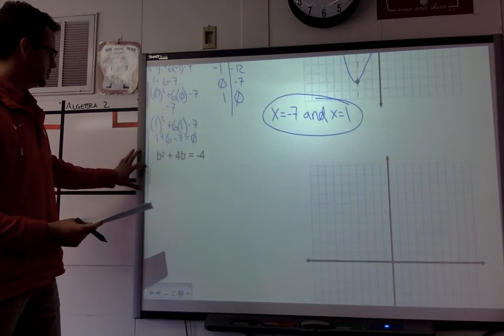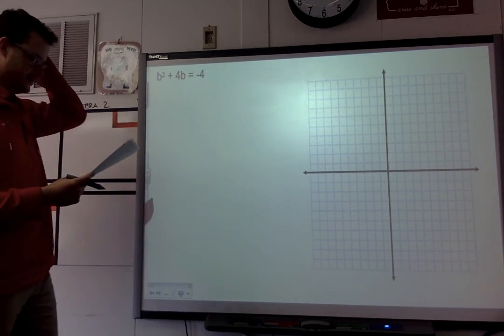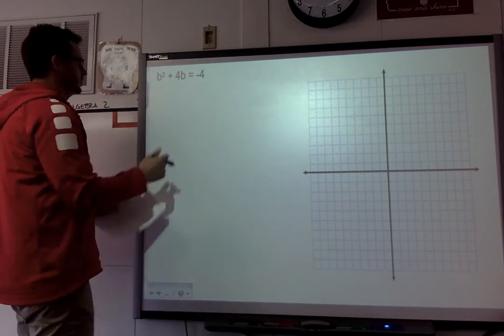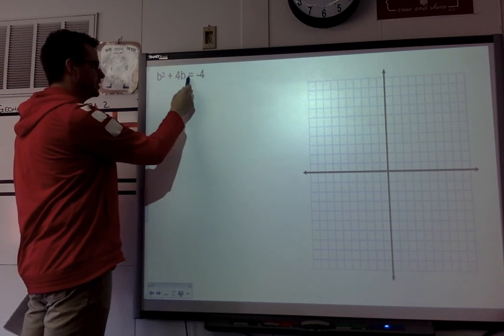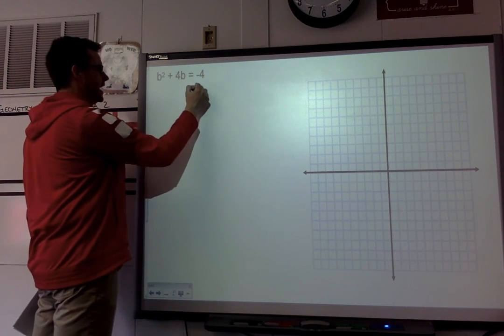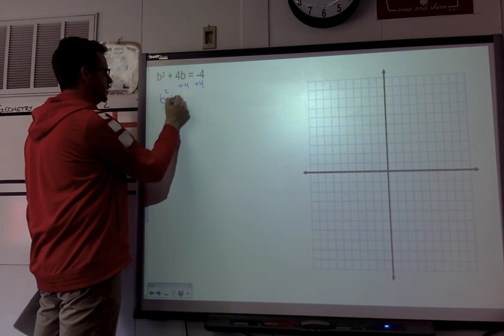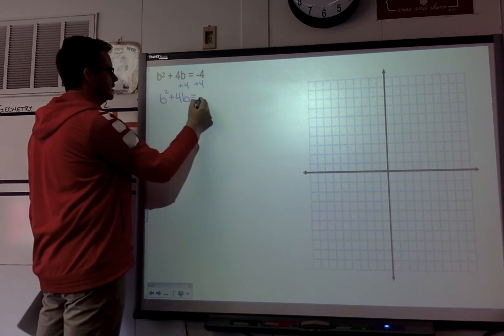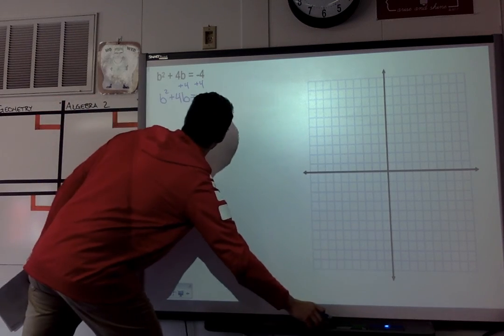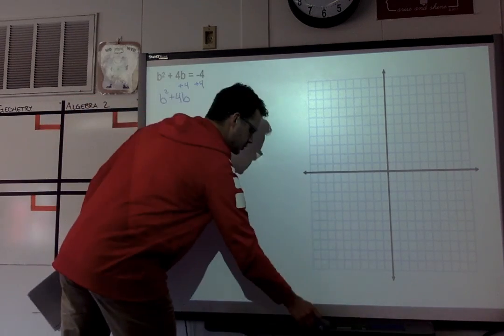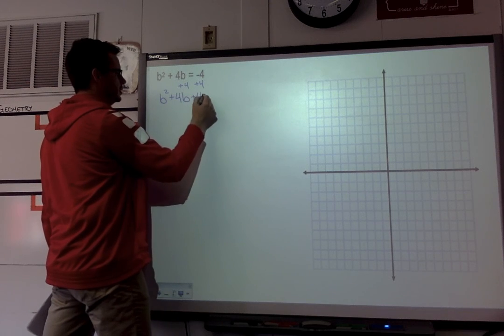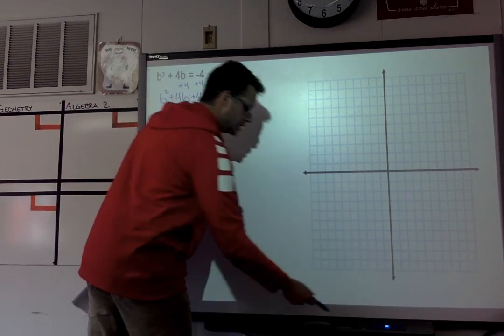Now let's do this one here. In order to start, I need everything set equal to 0, so I need to add my 4 to both sides, which gives me b squared plus 4b plus 4 equals 0.